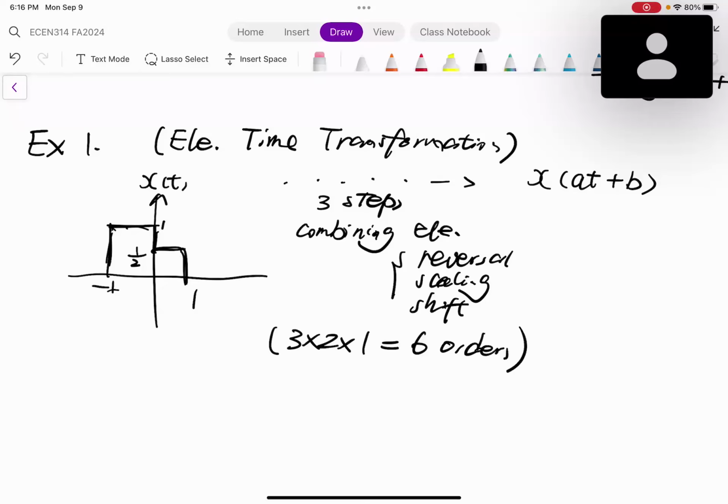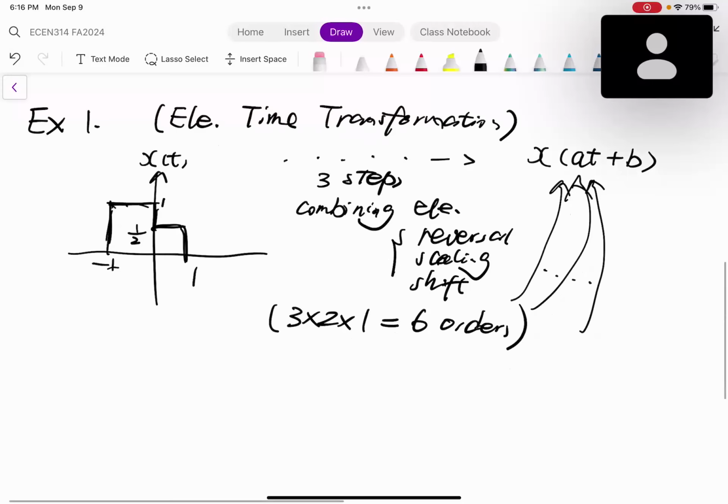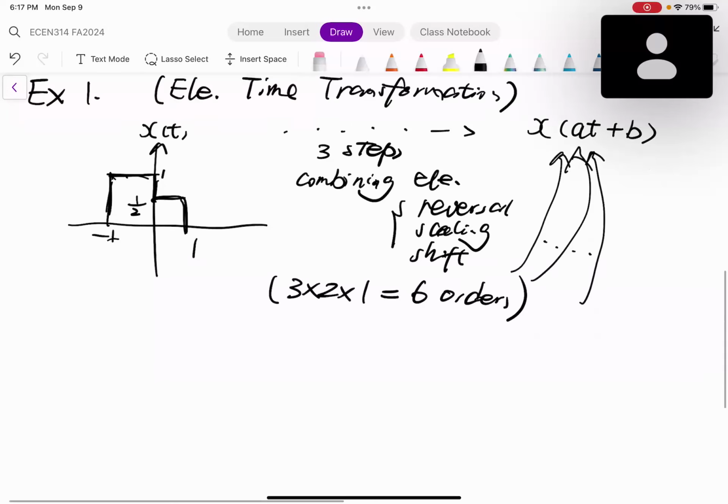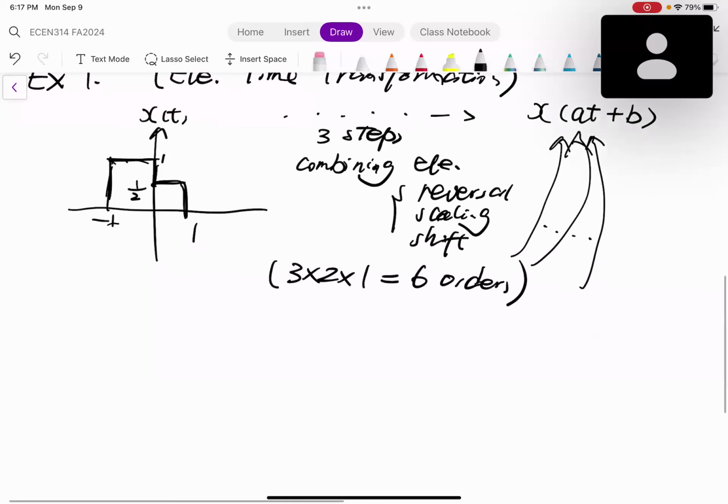So there are multiple paths, but all lead to the same result. In the homework, you were asked to transform it in 2 different orders, but you should at the end see the same signal. If they are different, that means at least one of them was a mistake.